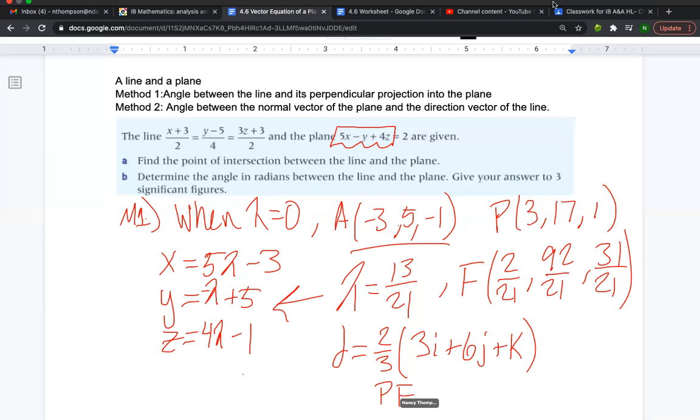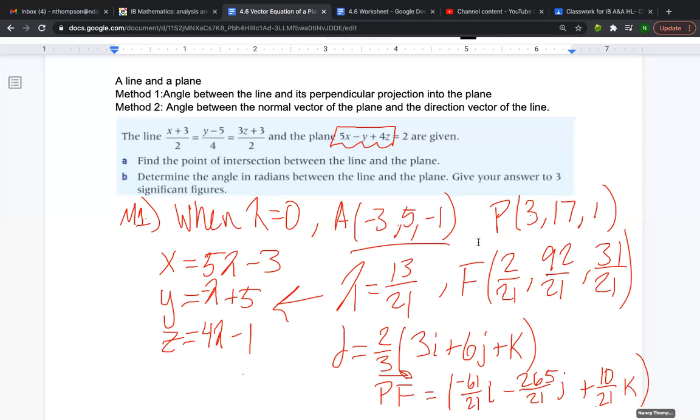PF is -61 over 21 i minus 265 over 21 j, plus 10 over 21 k, which again, you're just doing F minus P. It's not that bad. It just happens to be ugly numbers.